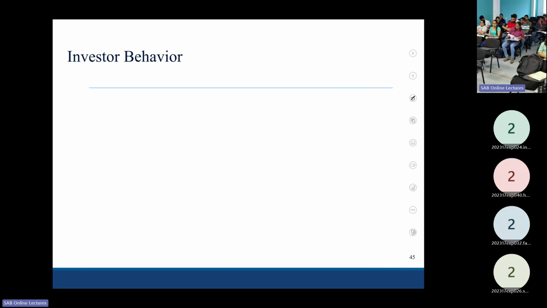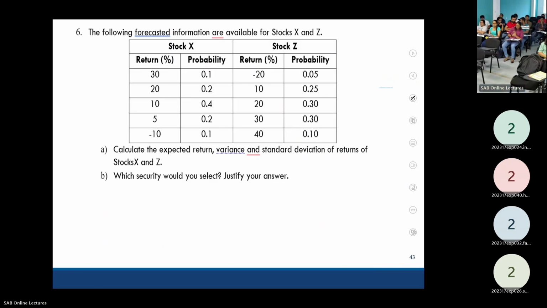Right. So now the next one is portfolio. So far we discussed how to determine average return, standard deviation, expected return and risk for individual stocks. Then we go to the portfolio of stocks: how to determine expected return and risk for a portfolio of stocks.